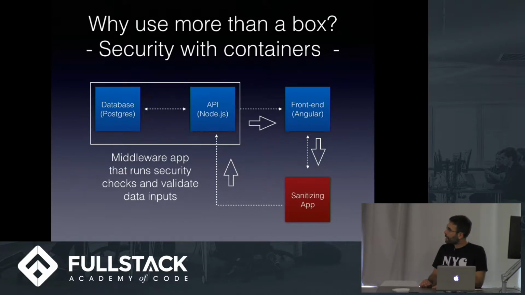Rather than check whether the content is malicious or not in your front-end app, you may add another module, the sanitizing app, which is going to take charge of checking and validating whatever users are sending into your app. And even if the code is so malicious that everything breaks down, the component is separated, so your front end, your API, and your database will be fine.